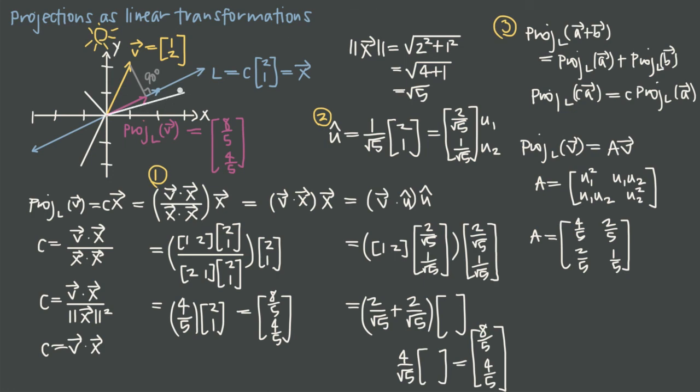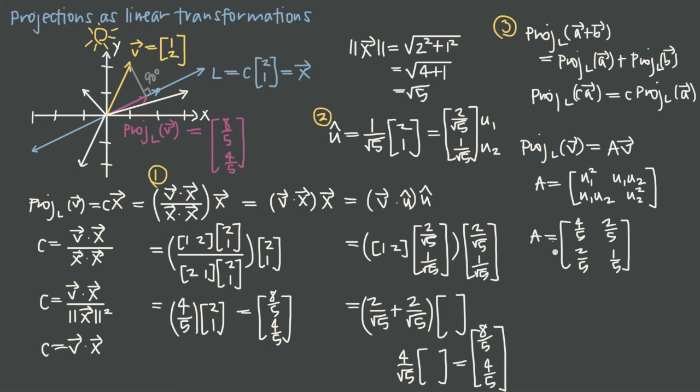I can take any vector that I want to, and all I have to do to find its projection onto the line L is to multiply matrix A by that vector. So finding matrix A is by far the most versatile use of our time.